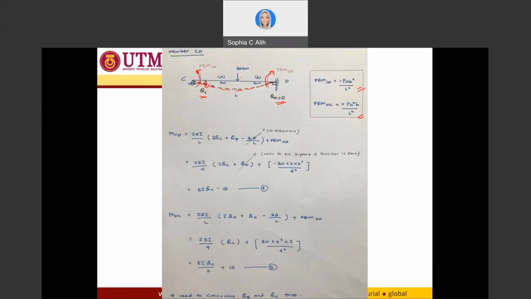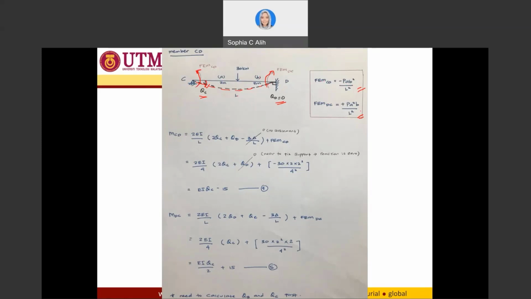So P is the point load, A is the distance between C to the point load. So this is A and this is B. For FEM CD, you use this equation, and for FEM DC, you use this equation. So this is A and this is B. This is L. You just have to put in all the values, and you will get the fixed end moment value.